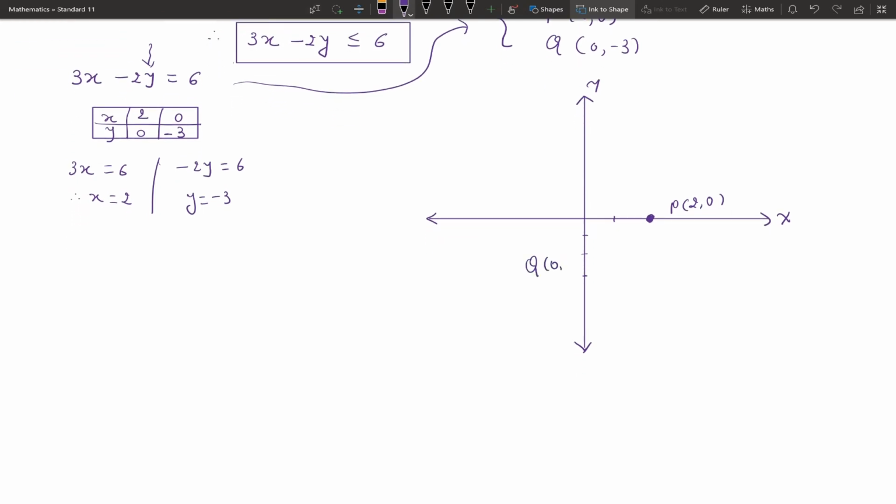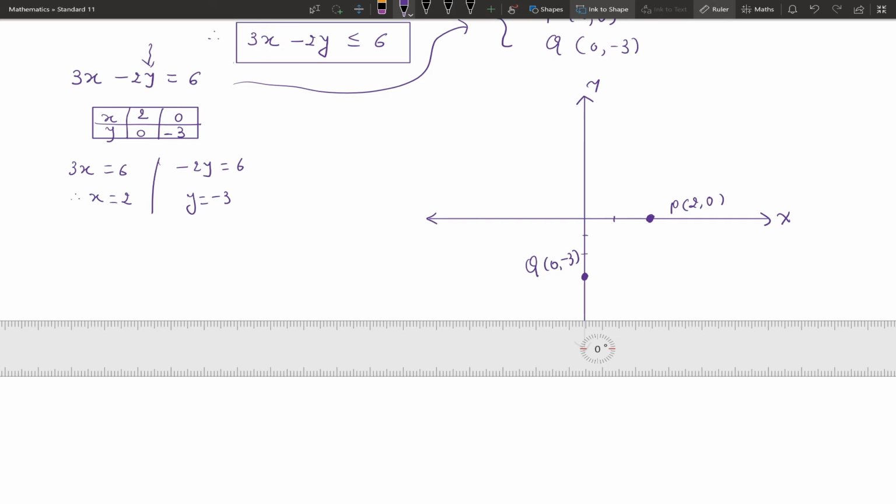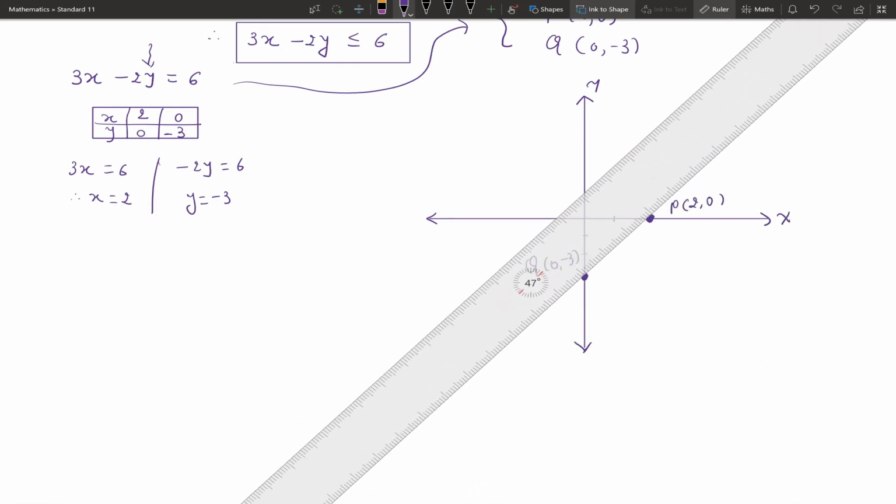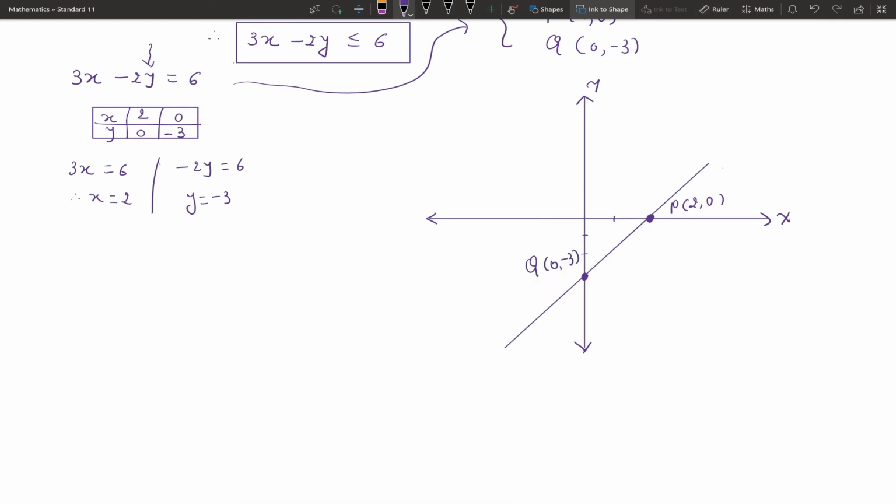And the inequality is a slack inequality, so as usual the line will be a dark line, or you can say a continuous line. So this is the line obtained by 3x minus 2y equal to 6.